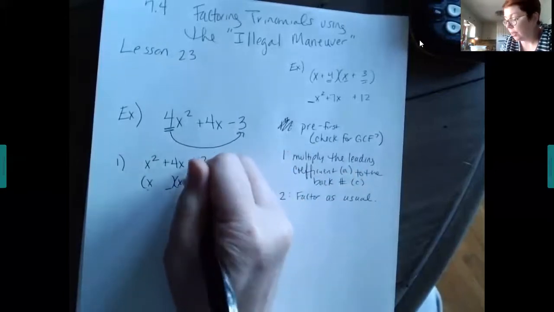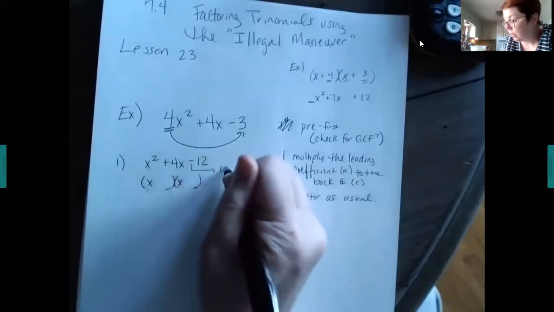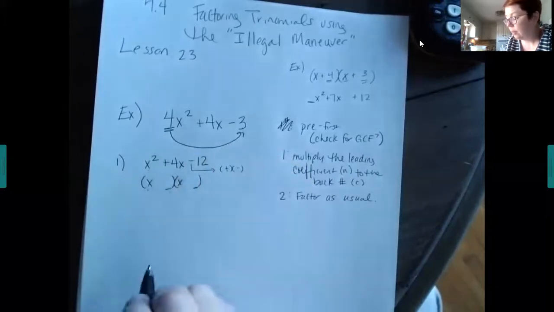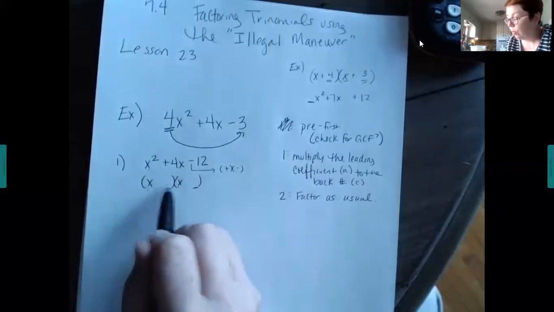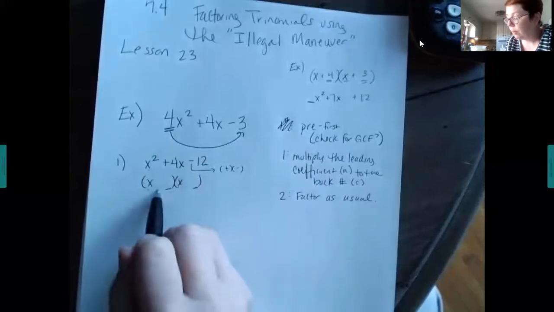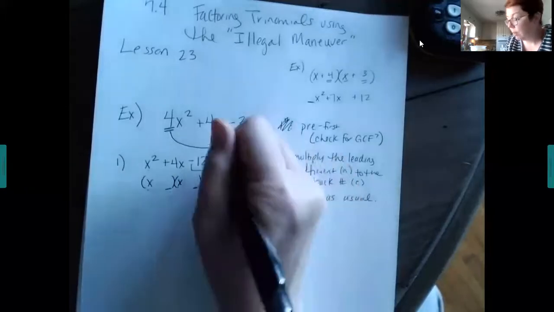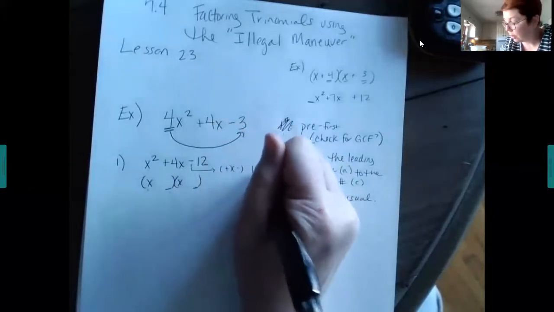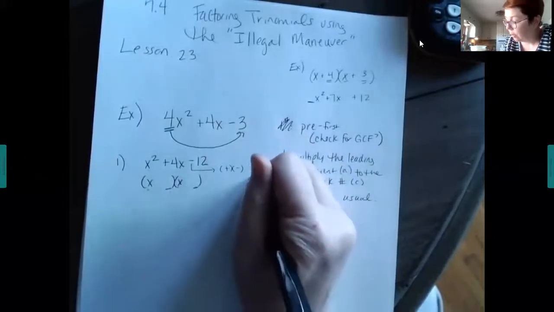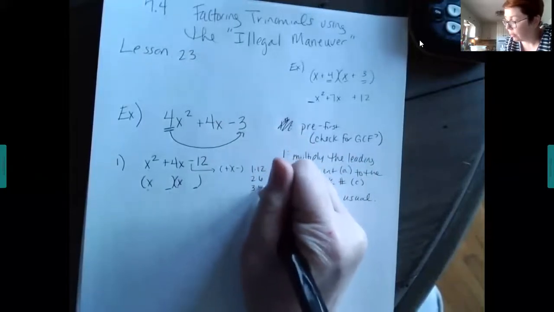This sign is a negative, so that means I have to do plus, minus. And so here, whatever numbers I put in means I'm going to have to subtract, okay? So when I think about my factors of 12: 1 times 12, 2 times 6, and 3 times 4.